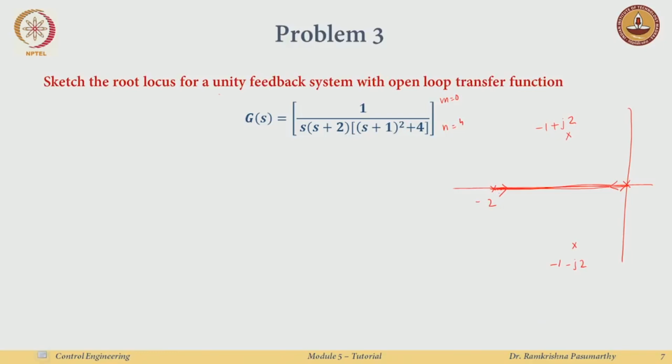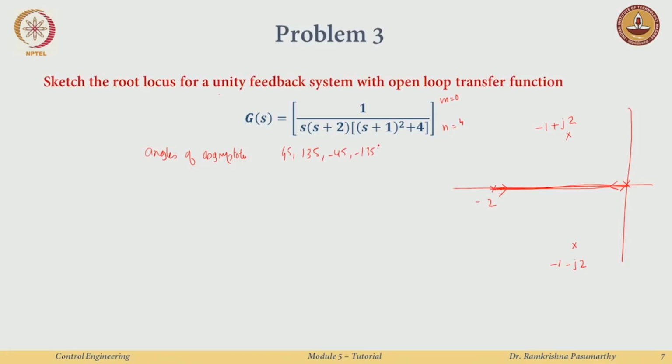Then you have to compute the angles of asymptotes, again like 4 of them. So, you will have 180 by 4, that is 45, and then you keep adding 90, then you have 135 and you have minus 45 and minus 135. Okay.